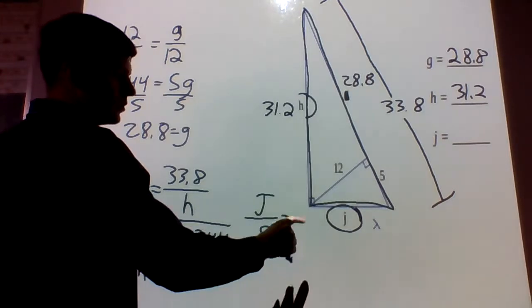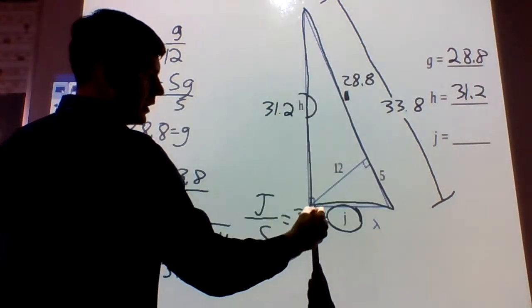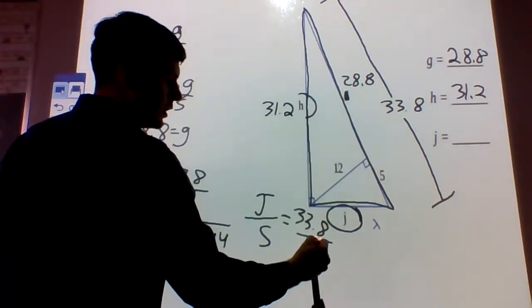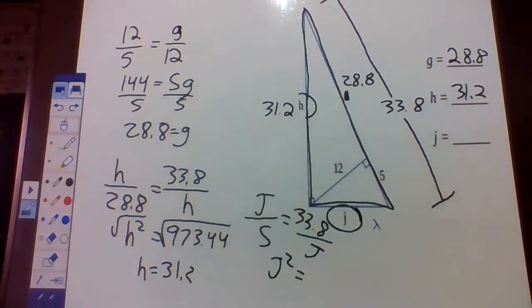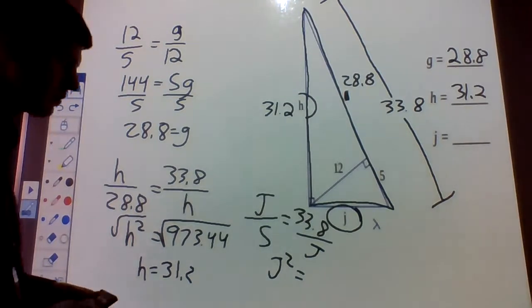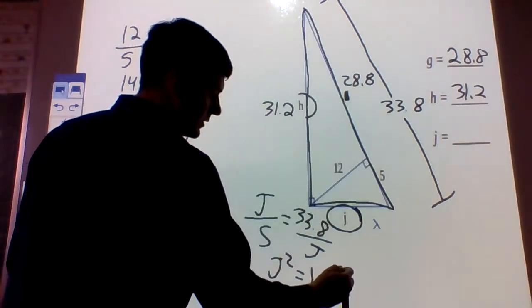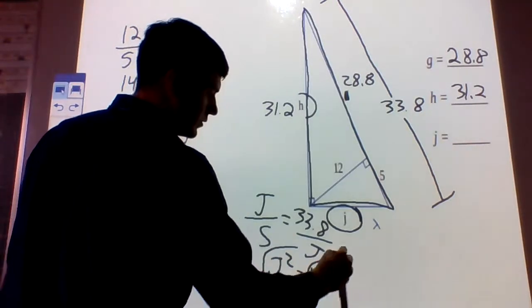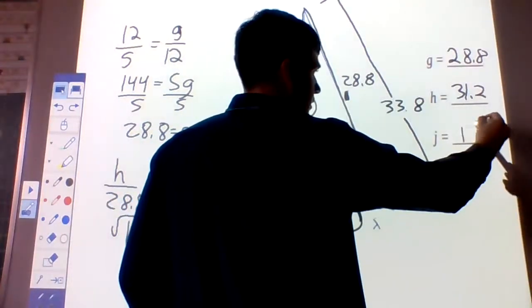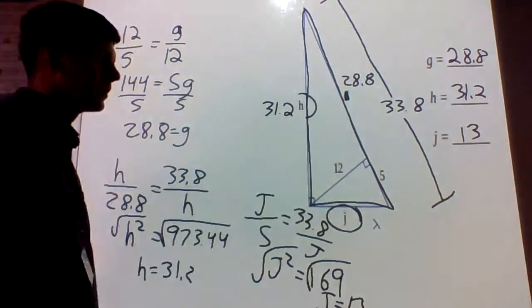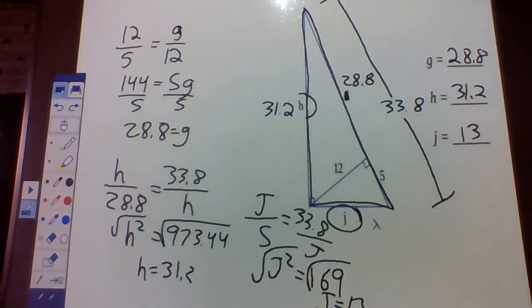Okay, and then we want to use the whole hypotenuse, which is 33.8. Divide by J, we can cross multiply. J squared is going to be 5 times 33.8, which is exactly 169. Square root of both sides. J is going to be equal to 13. Should have known that because that was a 5, 12, 13 triangle, but that's all right.